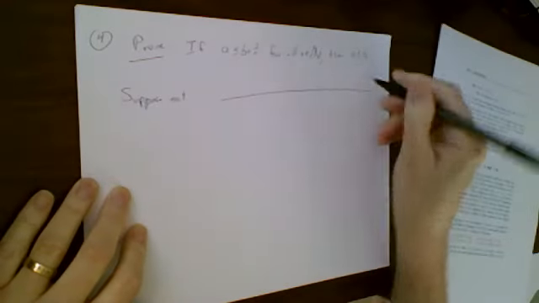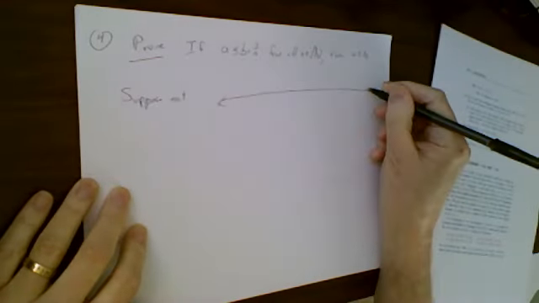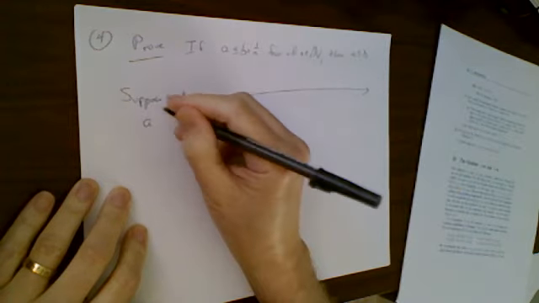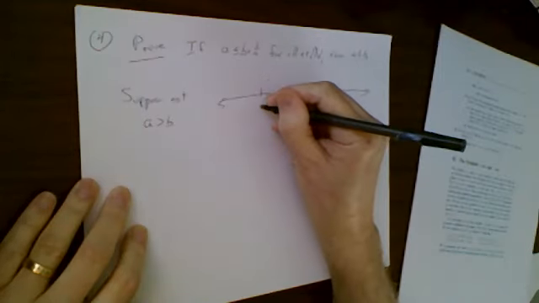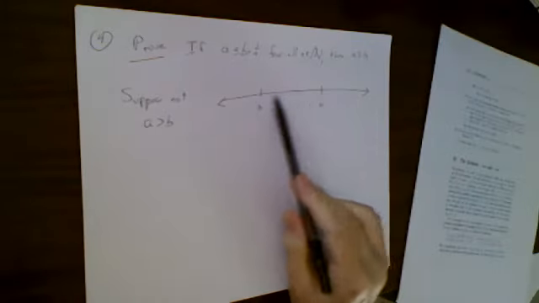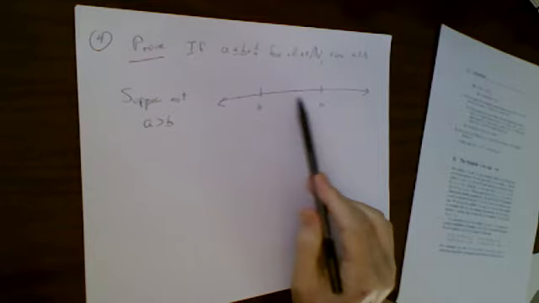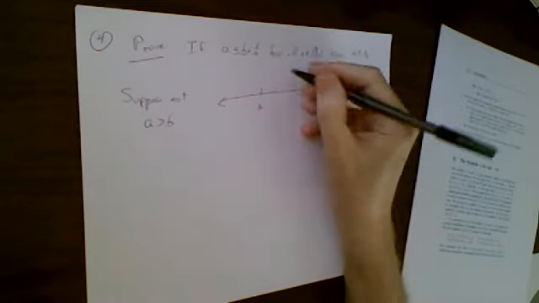What that would mean pictorially is that A is bigger than B. In a picture, A would be here and B would be here. So there's a positive difference between A and B. Let's call this thing epsilon.